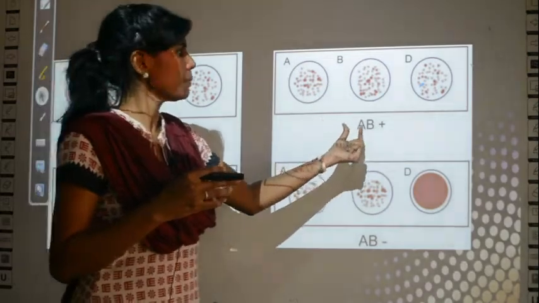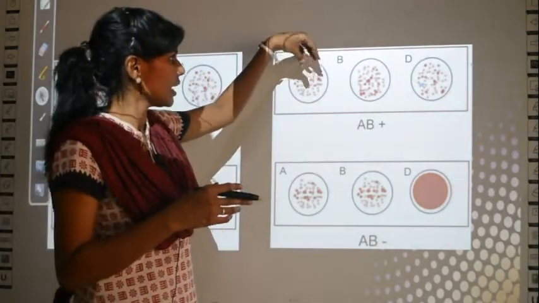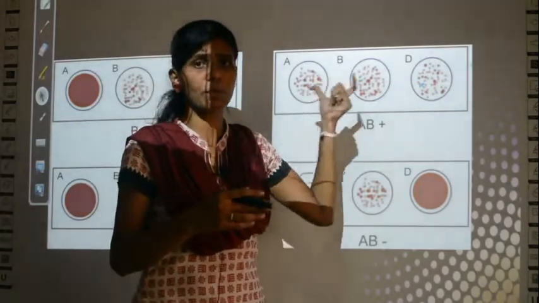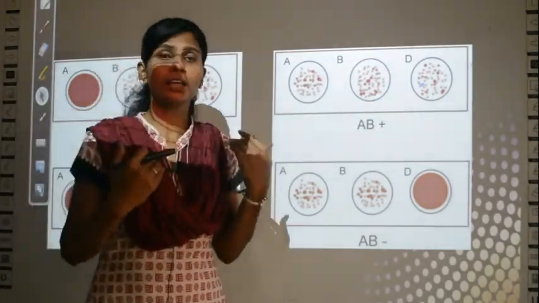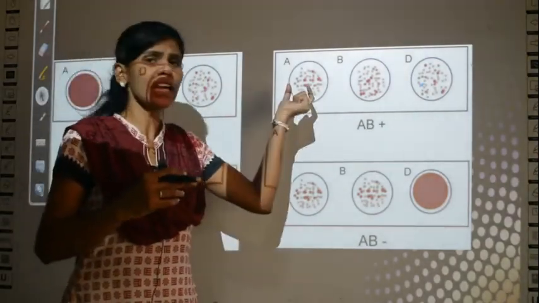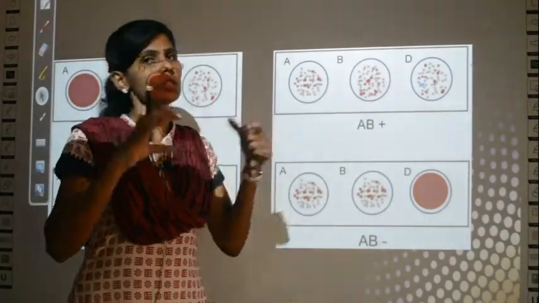What about AB positive? AB positive person, when I add antibody A and antibody B, both will show agglutination because this person will be having both antigen A in his blood and also antigen B in his blood. So if I add A antibody also, that will go in clump, and if I add B antibody also, it will go in clump.